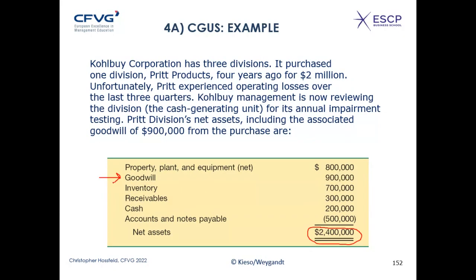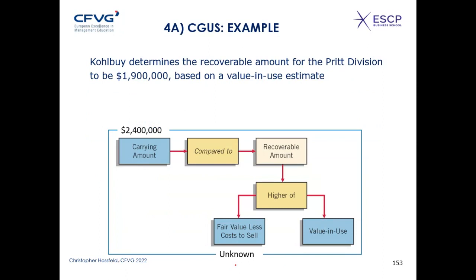Remember in part 2, when we did the consolidation, I need not only to calculate the goodwill, but inside the target company, I need to allocate the goodwill to different cash generating units, if that is possible. So in real life, the goodwill calculation and the following allocation is much more complicated than what we did in our exercises in the second part of this class. Anyway, here the value is 2.4 million.